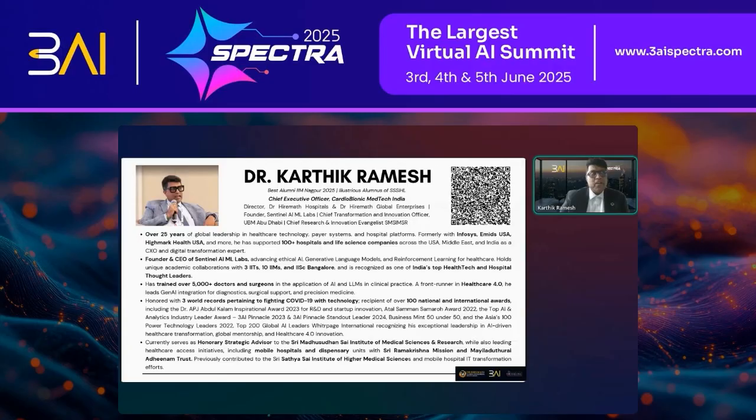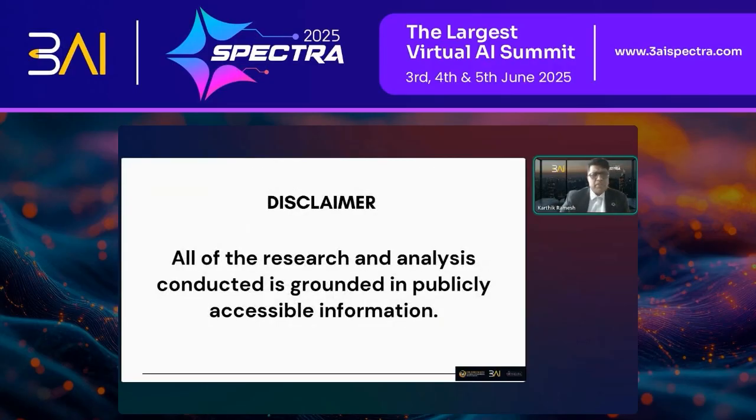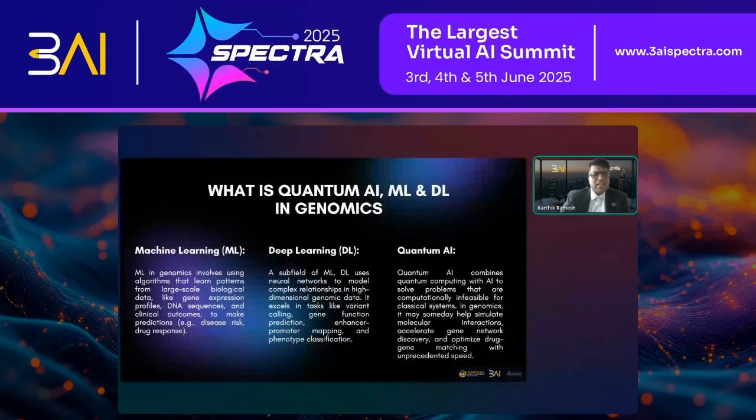I'm very excited to be working with molecular genomics labs here in IIT Delhi and in the Bangalore Bio Innovation Center, where again we are applying some of these concepts. I want to add a disclaimer that none of this information is confidential from the clientele or the invested companies which our family office has invested in.